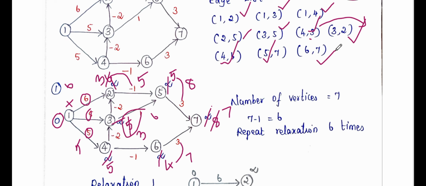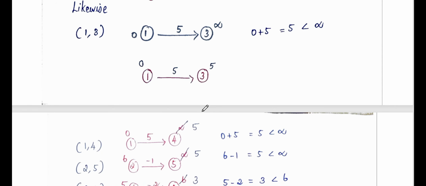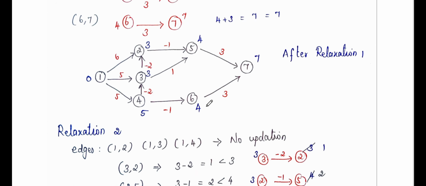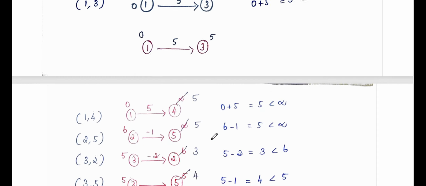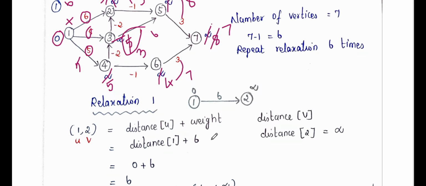Likewise, you perform relaxation 2 also. Okay, this is the newest graph. All the updated values, so here 3 plus 1, 4; 5 minus 1, 4. So this is the updated one. Okay, clear?